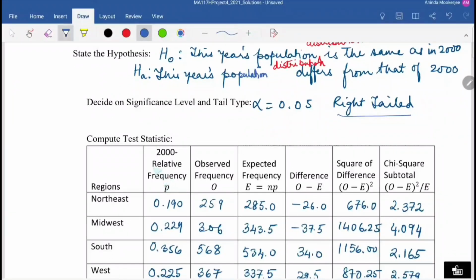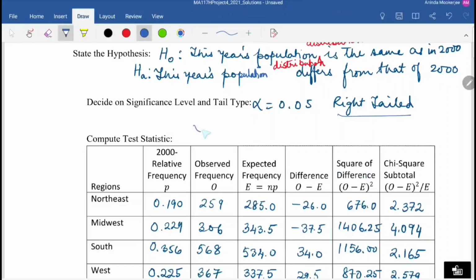Now, the next step is to compute the test statistic. So to compute the test statistic, the best way is to work through a table. That way you will not go wrong. All right, so I'm going to write the formula for chi-squared here so that we can follow along through the table and check against the formula if we are going through the right steps, right?